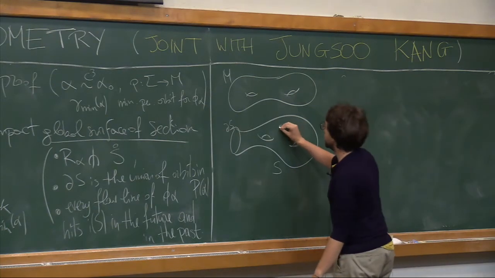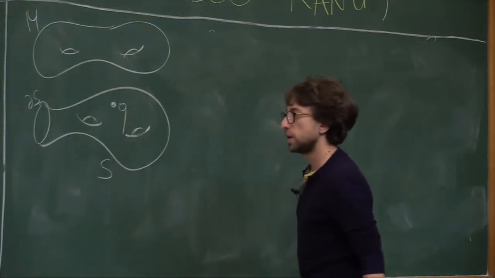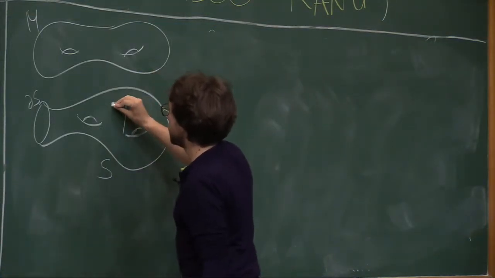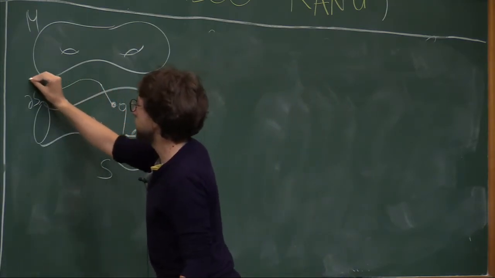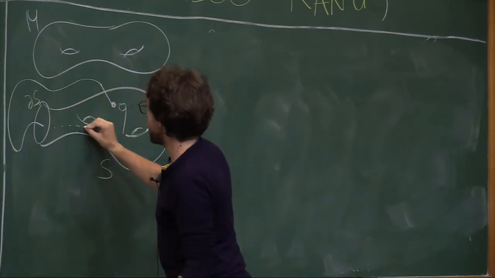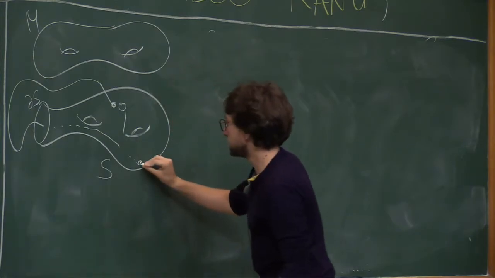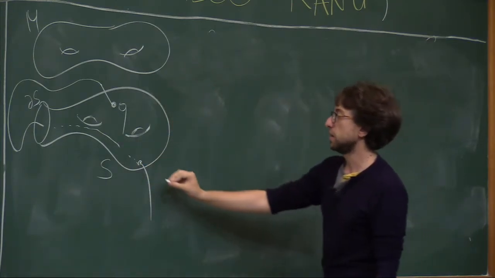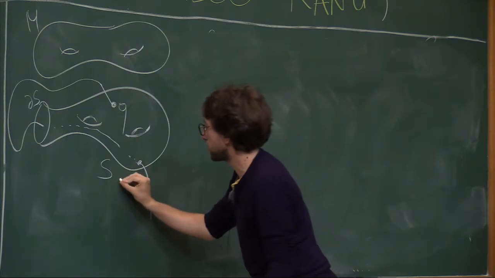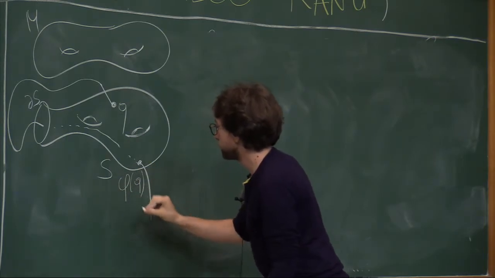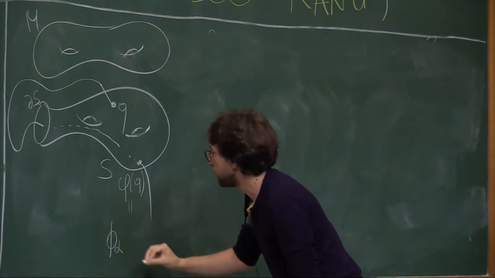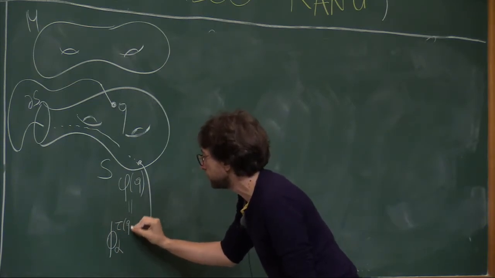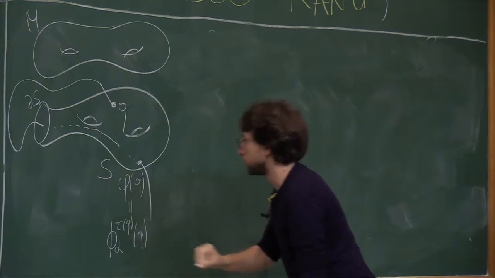So if I take some Q here, I know that by the first property, I will leave the surface in a transverse direction. Then I go somewhere, I come back, and then I hit the surface here again at some point. And this point here I call phi of Q. And this is just obtained by flowing with alpha for some time tau of Q from point Q.